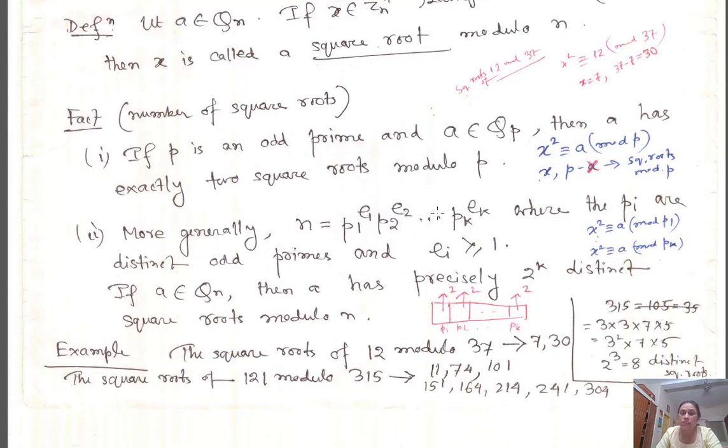So this equation is converted to a system of equations: x square is congruent to A modulo p1, x square is congruent to A modulo p2, x square is congruent to A modulo pk, where p1, p2, pk are pairwise mutually distinct. So you have to apply the Chinese remainder theorem. So you have this single congruence modulo n converted to a system of equations.